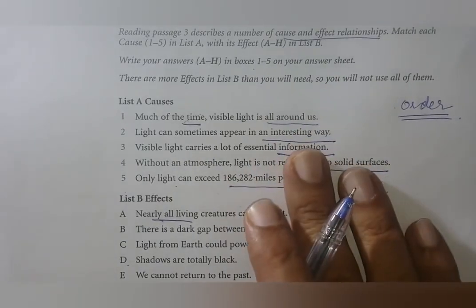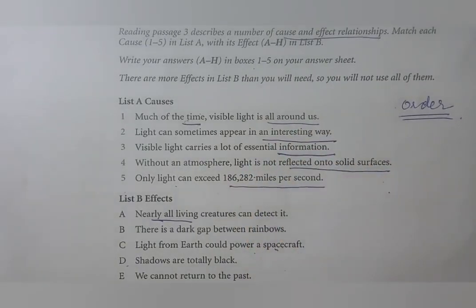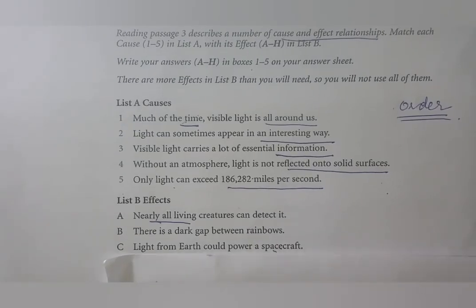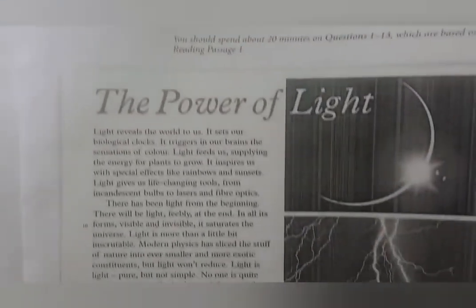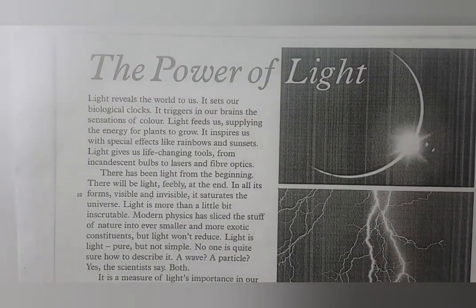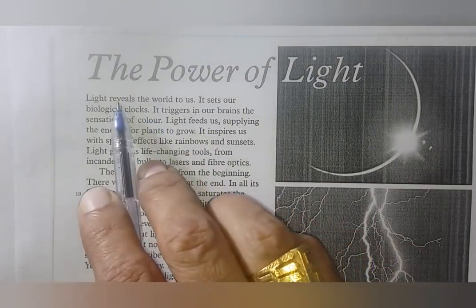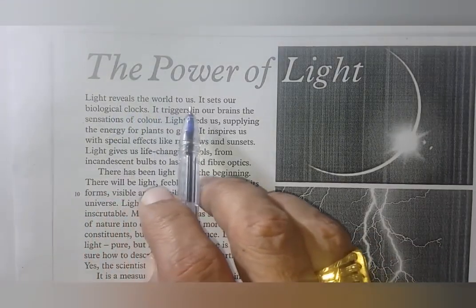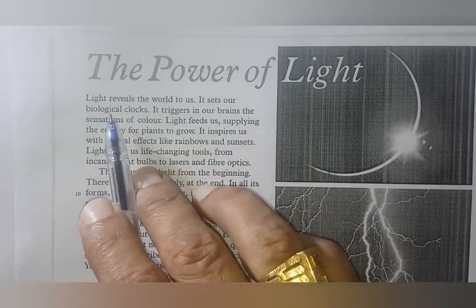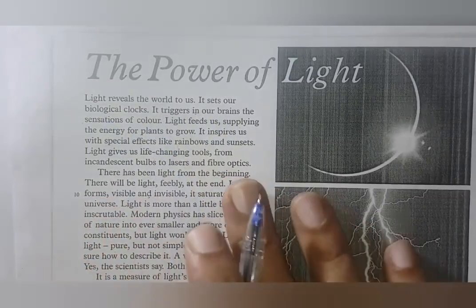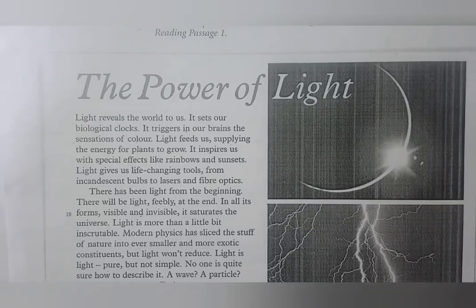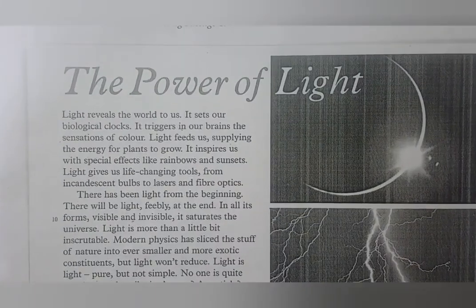So let's go to the cause here. Much of the time visible light is all around us. Got it? Yes. So now let's start the passage here. This is the first line. Light reveals the world to us. It sets our biological clocks, triggers in our brains the sensation of color.